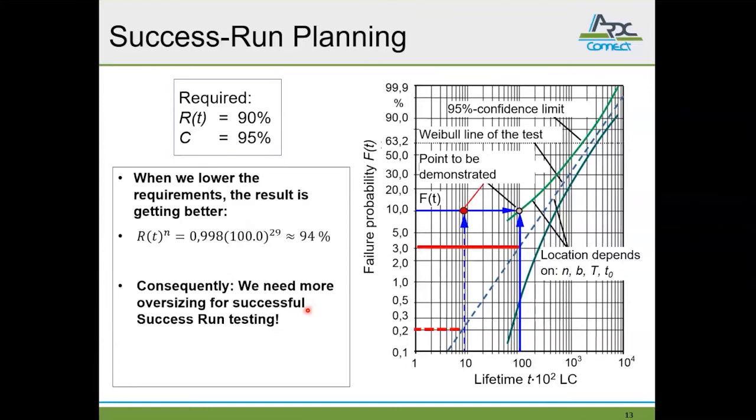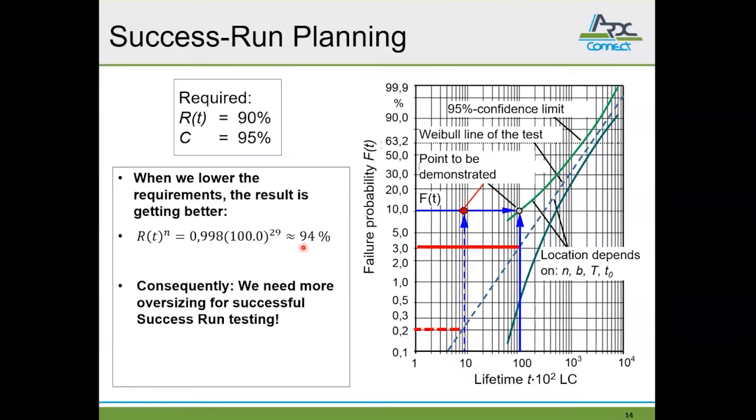The only way out of this is to lower your requirements, as it is shown right here. So when our requirement is not 10,000 life cycles, but 1,000 life cycles, then I think the change is quite clear. We only have to test our 29 samples to these 1,000 life cycles, and the failure probability is decreasing to 0.2% for every sample, resulting in now a system reliability of 95% for the whole test.